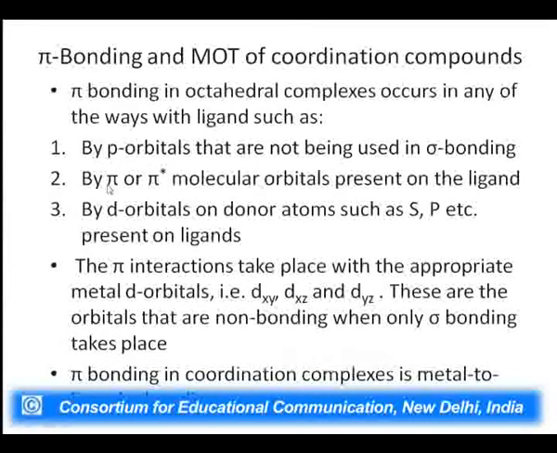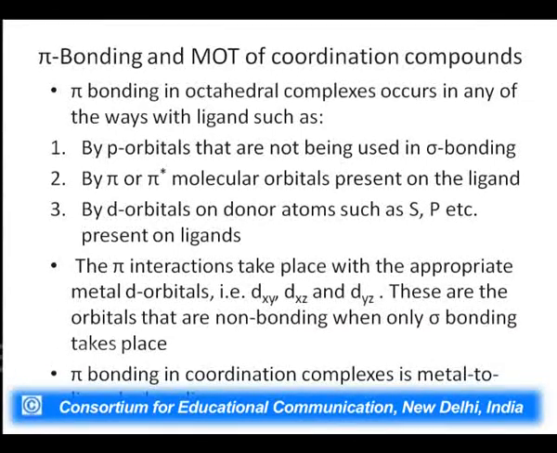This is one way of forming a pi bond or a sideways overlap. The other is that the ligand may have a pi or a pi star molecular orbital present on the ligand. That can also, because it is perpendicular to the bond axis, undergo an overlap with the d orbitals which are also in a different plane. They can have the symmetry allowed, the direction allowed, maybe not a head-on overlap, but a sideways overlap may result.